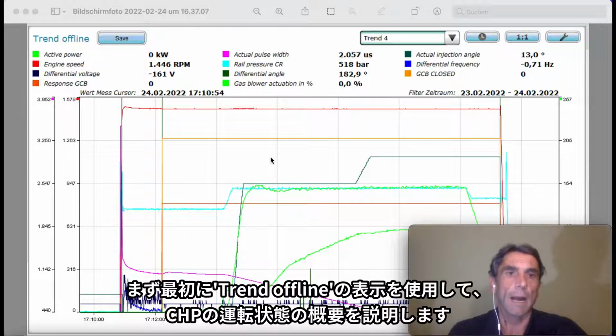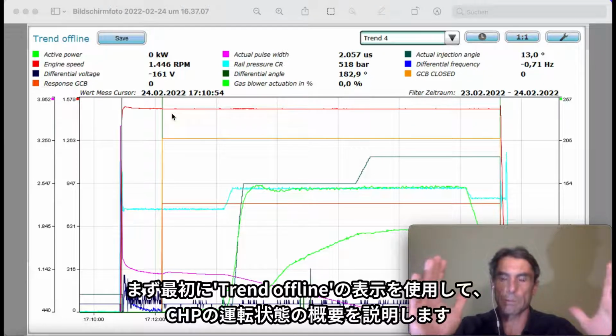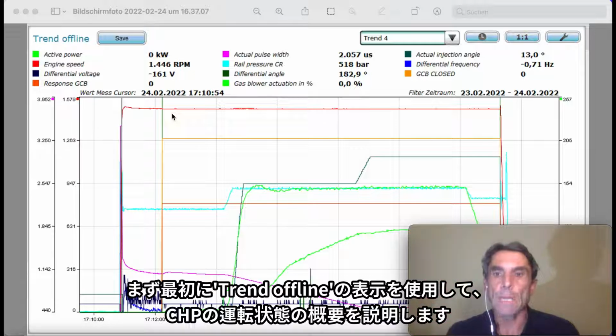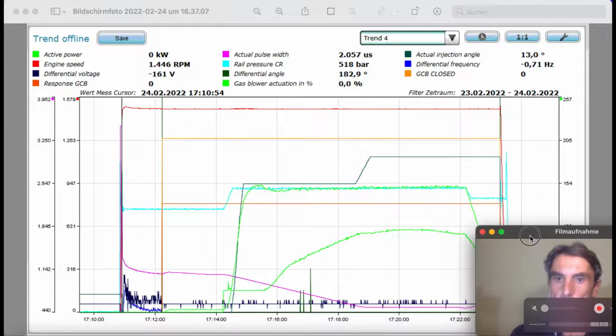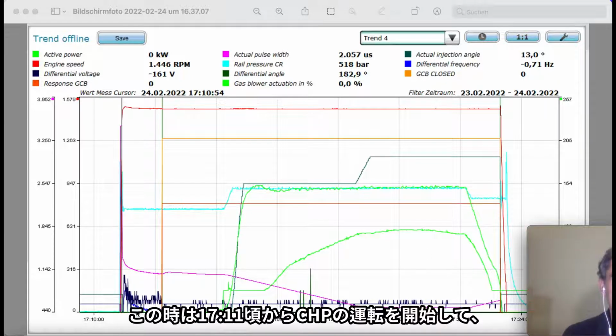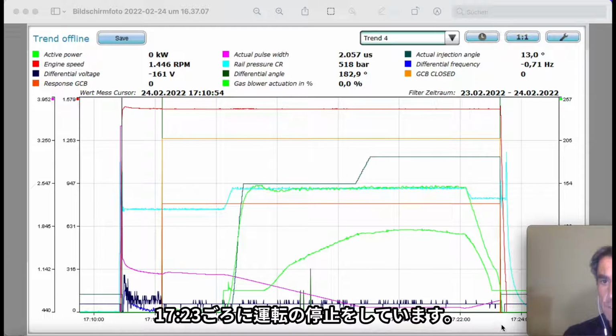First of all, I would like to show you quickly. I have here put trends offline, and scrolled into the date and the time so that I get a proper view on an operation. If I move the window a little bit, we can see here an operation start 11 minutes after 5 p.m. and stop after approximately 23 minutes after 5.